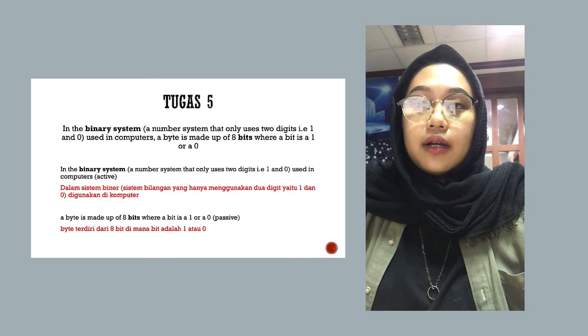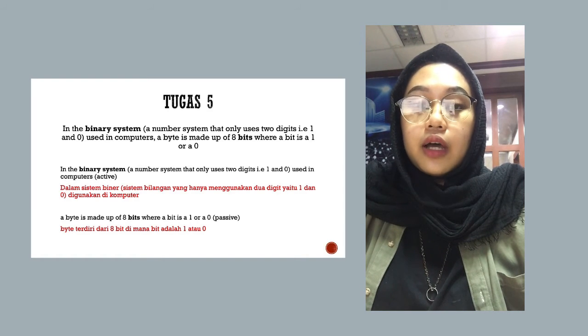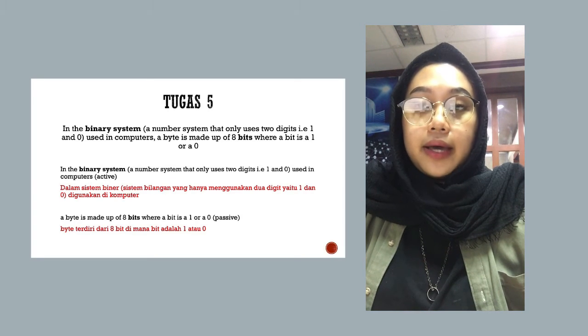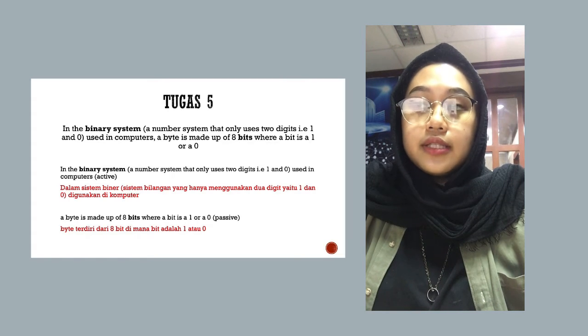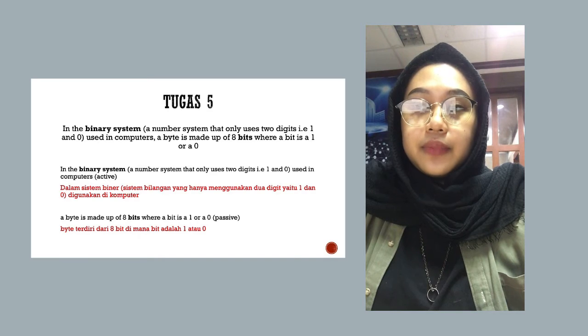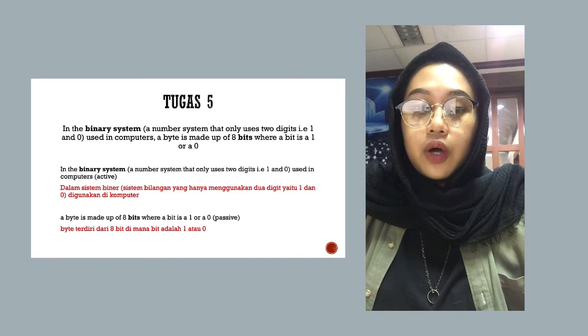Dalam sistem binar, sistem bilangan yang hanya menggunakan 2 digit, yaitu 1 dan 0, digunakan di komputer. A byte is made up of 8 bits, where a bit is a 1 or a 0, passive. Bit terdiri dari 8 bit, di mana bit adalah 1 atau 0.